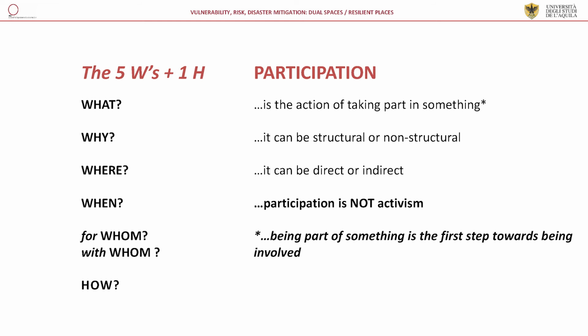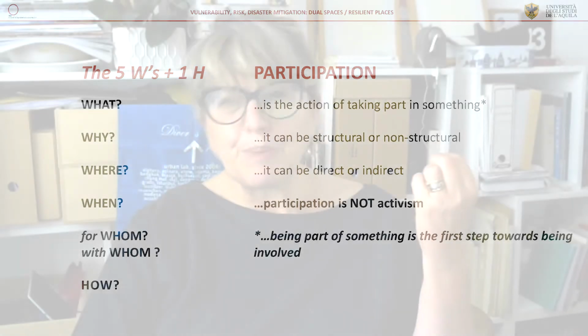So what I'm going to decide, why I'm going to decide this, where, when it could be decided and realized, for whom I'm doing this, and with whom I'm doing this, and especially how I'm running this process.